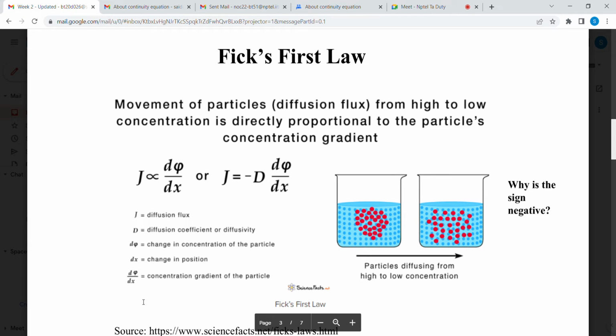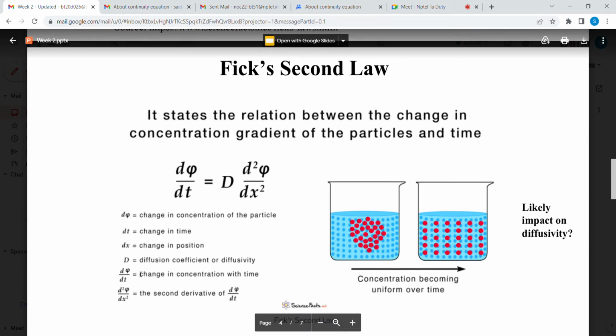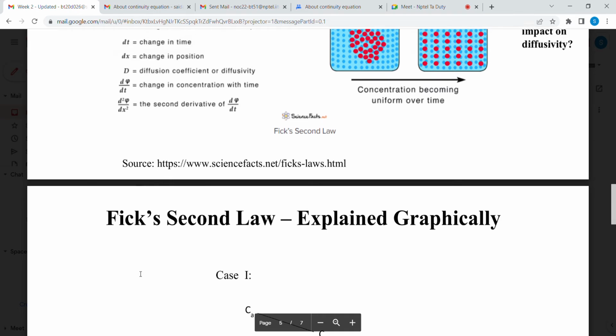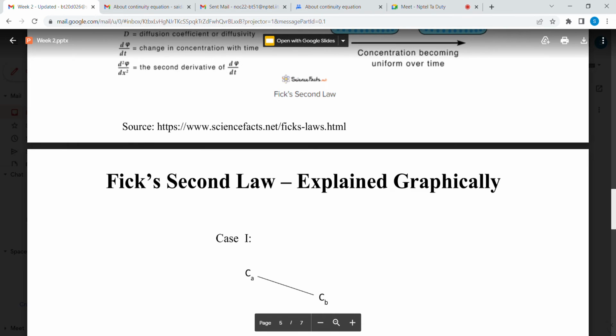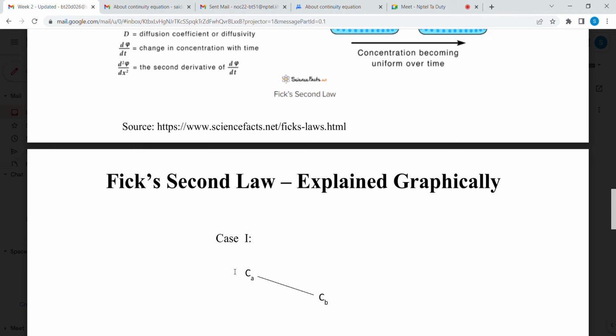Now, before going to the second law, let's first look at this. Before I was referring to x1 and x2. Let us replace x1 and x2 by CA and CB, where CA is the point where you dropped the ink drop, and CB is the point where you are measuring the ink at various intervals of time.